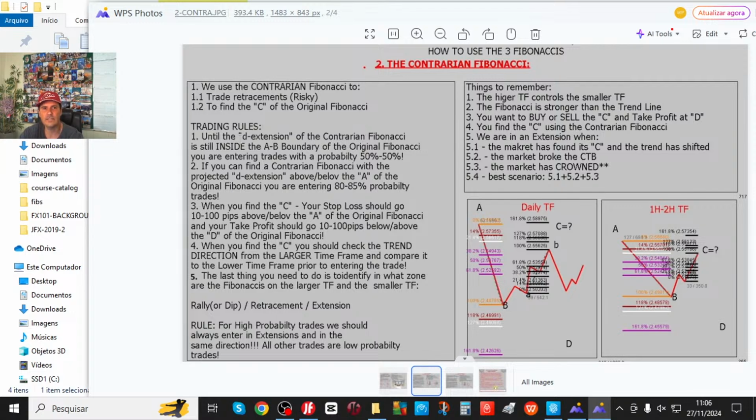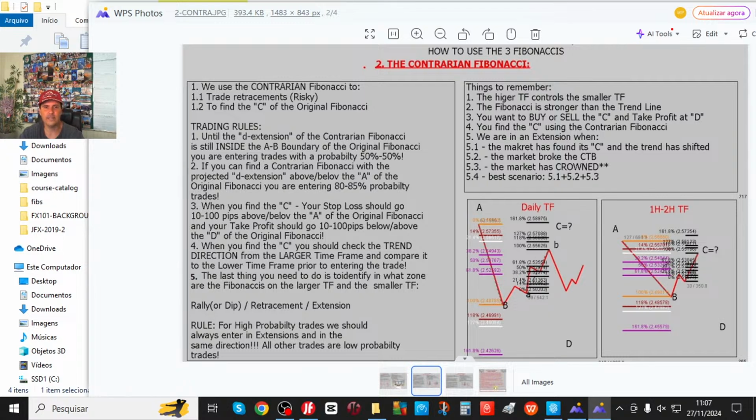Trading rules: until the sub extension of the contrarian Fibonacci is still inside the capital AB boundary of the original Fibonacci, you are entering trades with a probability of 50-50. Number two, if you can find the contrarian Fibonacci with the projected sub extension above or below the capital A of the original Fibonacci, you're entering 80-25 probability trades.